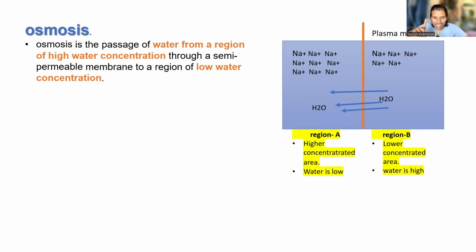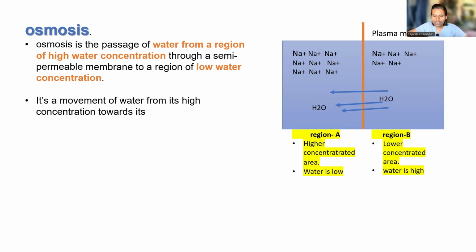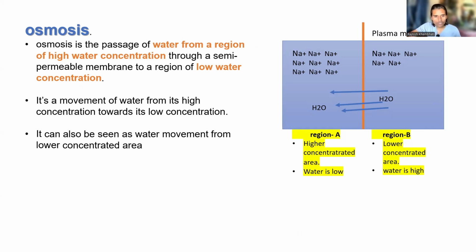In one line, it is the movement of water from its higher concentration towards its lower concentration. Over here, water is moving, meaning diffusion of water. It can also be seen as water movement from a lower concentrated area to a higher concentrated area.